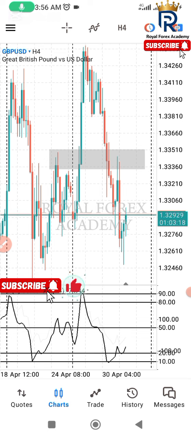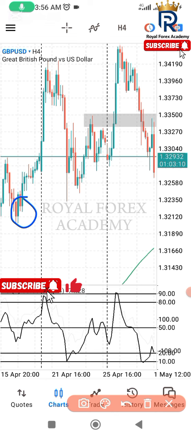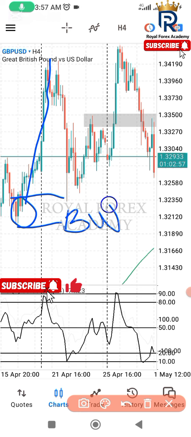Number one thing I want you to know is, when we talk about order block, you will notice that price always reverses from the zone of an order block. When price reverses from the order block and goes to the upside, it is a bullish order block, because price went to the upside.